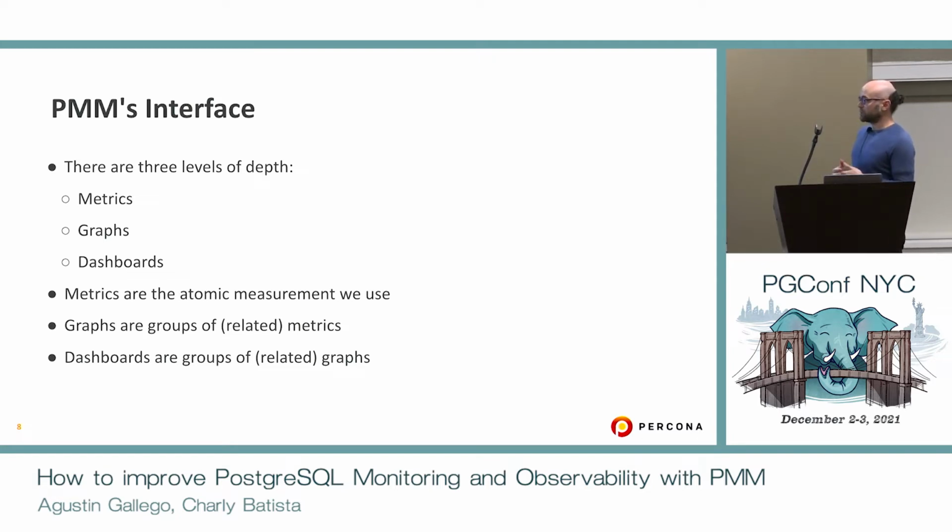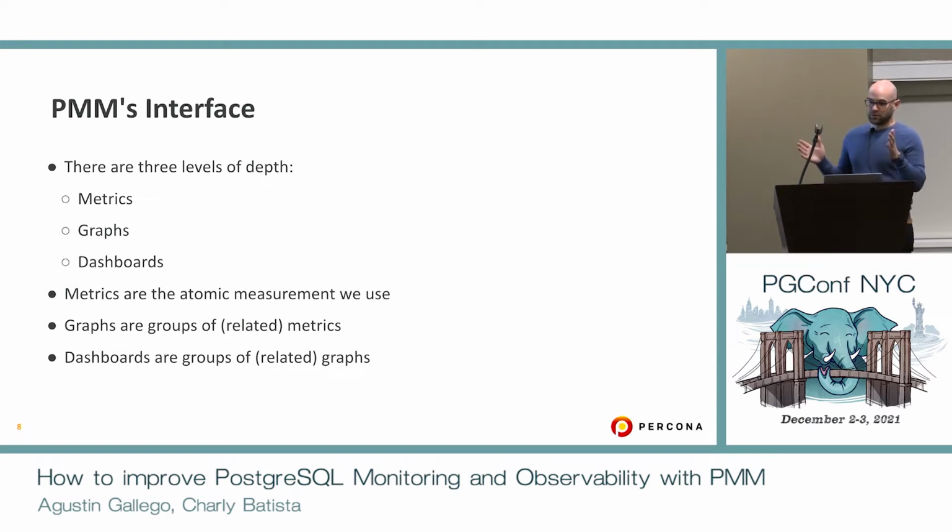So dashboards are a consistent view of a subsection of the problem, be it the OS metrics, or, for instance, what we're going to see, the PostgreSQL instance summary, etc.